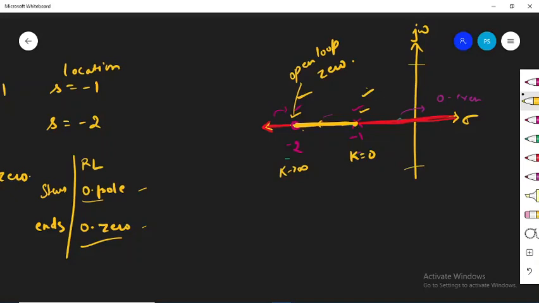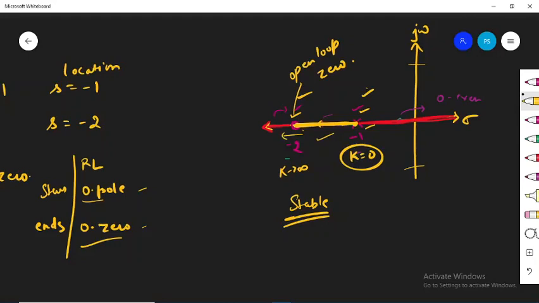What can you comment on this type of root locus? Initially, was the system stable or not? The system is stable at all points, because when k equals 0, the closed loop pole's value was -1. You varied the value of k, so the location of the pole moved, but it moved more towards the left hand side.